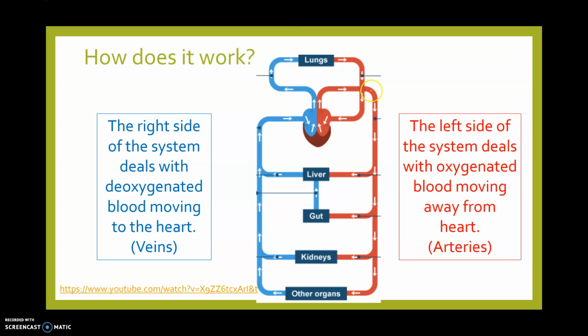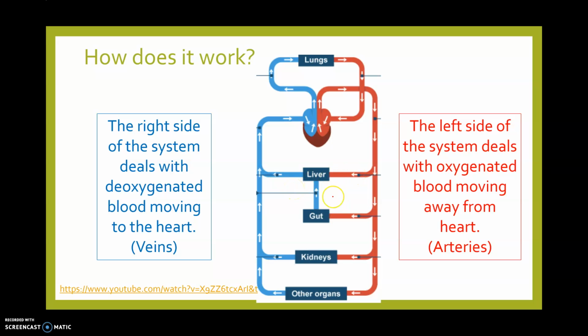In the heart, it's going to be pumped, creating a lot of pressure in our arteries, all the way through our different body systems, so our liver, our digestive system, kidneys, all other organs, especially the brain. The brain gets a majority of the oxygenated blood because we do require a lot more oxygen in the brain than other systems. In those systems here, you see a transfer from those red lines to the blue lines.